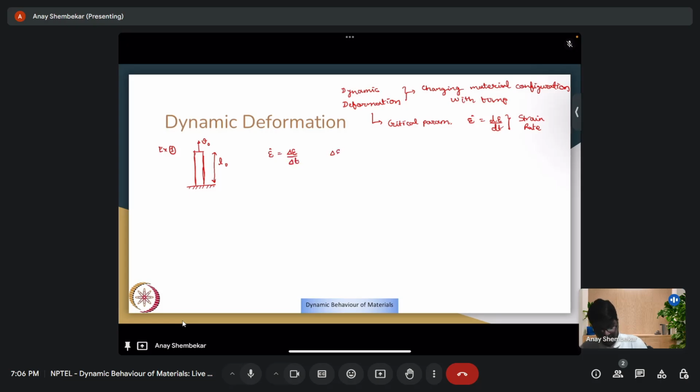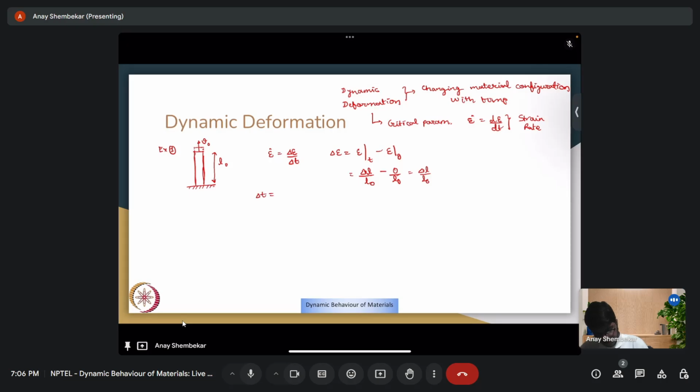Delta epsilon we can write as epsilon at time equals t minus epsilon at time equals 0. Epsilon at time equals t, the deformation, is roughly delta L by L naught minus 0 by L naught, which is delta L by L naught.